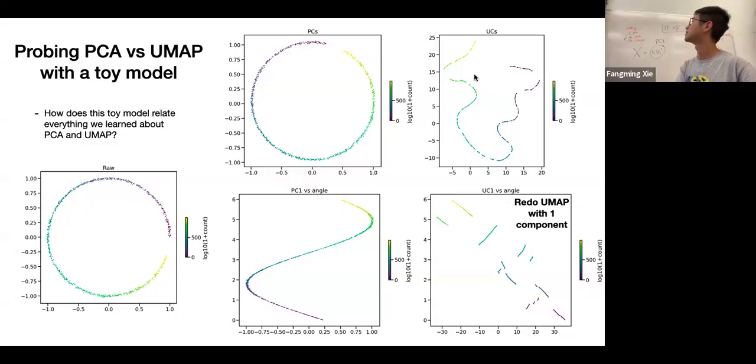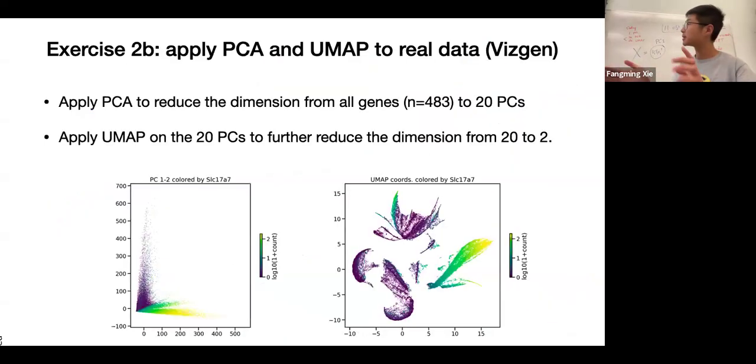Yeah, that's UMAP. And then what does it do to the actual data? This is what PCA does to the actual data. This is what UMAP does to the actual data. PCA tries to rotate your cells in a way to reveal the most compelling pattern, maybe the major cell types.